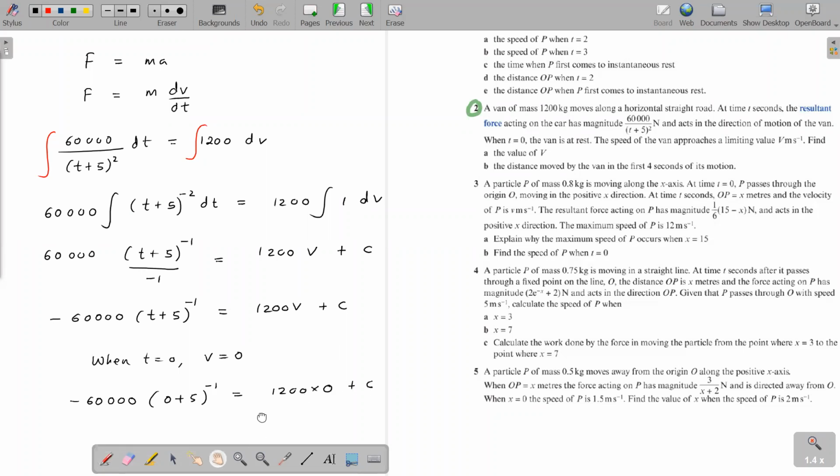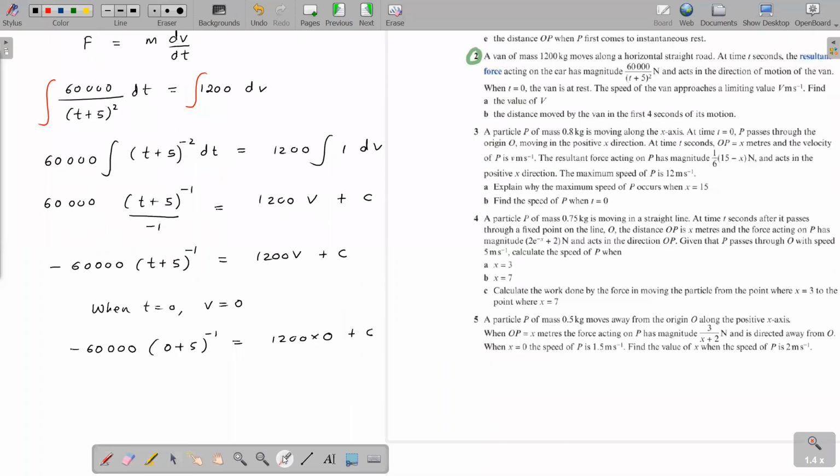How much is this? Minus 60,000 into 5 to the power minus 1, basically minus 60,000 into 1 over 5. So c is minus 12,000.